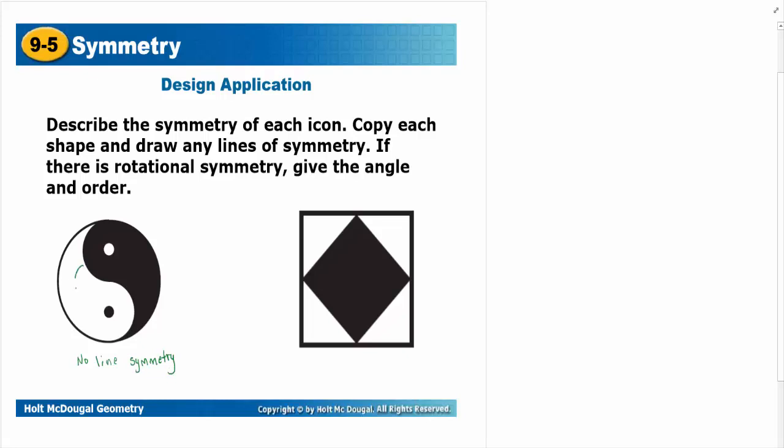But if I rotated it, again, we should be able to get these figures that wrap around on each other. And it just depends. I think the book likes to say that this is going to be rotational. It depends, I guess, on the colors. If you want the colors to match, this would be no rotational symmetry.